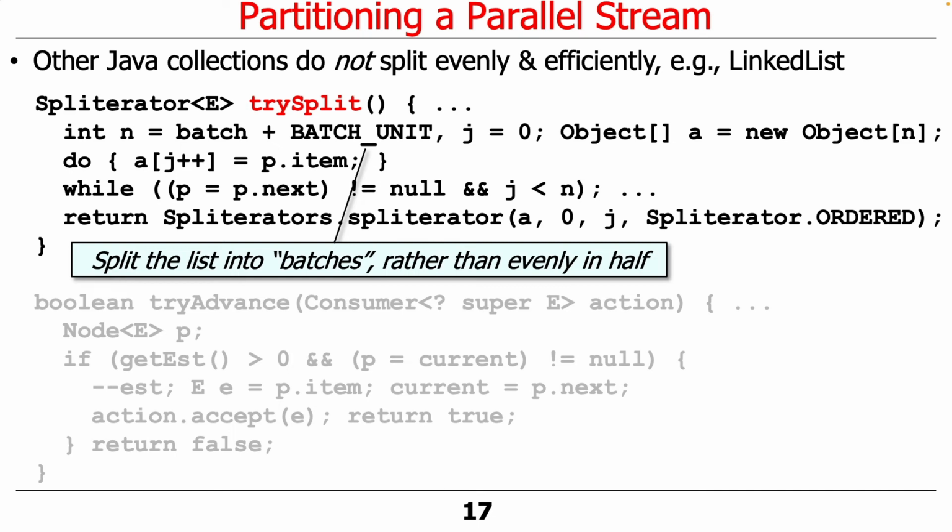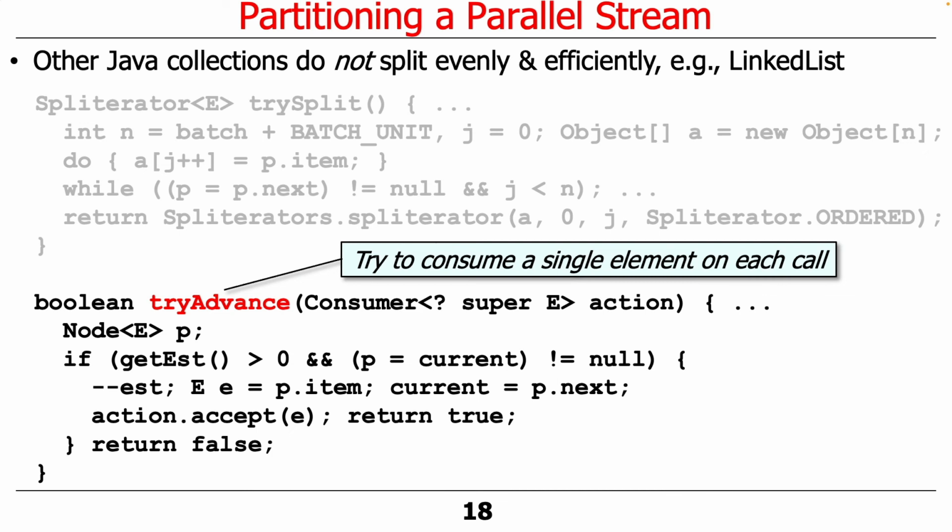So rather than do that, what the LinkedList implementation of the spliterator's trySplit method does is split the list up into batches rather than even taking a shot at trying to break the list up in half each time. There's all kinds of extra stuff going on here. We're splitting things up into batches. There's some additional copying that takes place. So it's just not a very efficient way to do things.